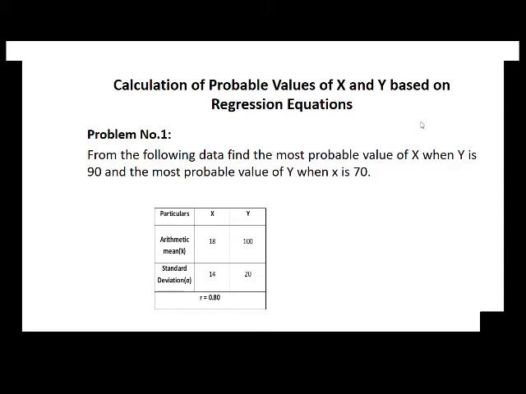Example problem number 1: from the following data, find the most probable value of x when y is 90 and the most probable value of y when x is 70.